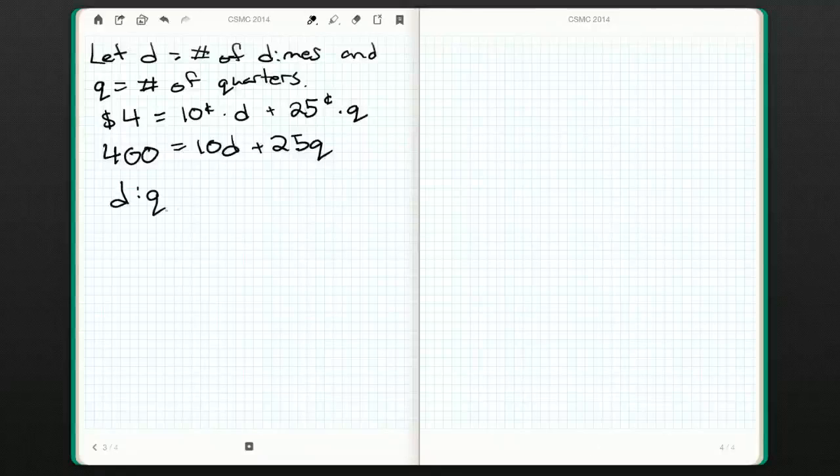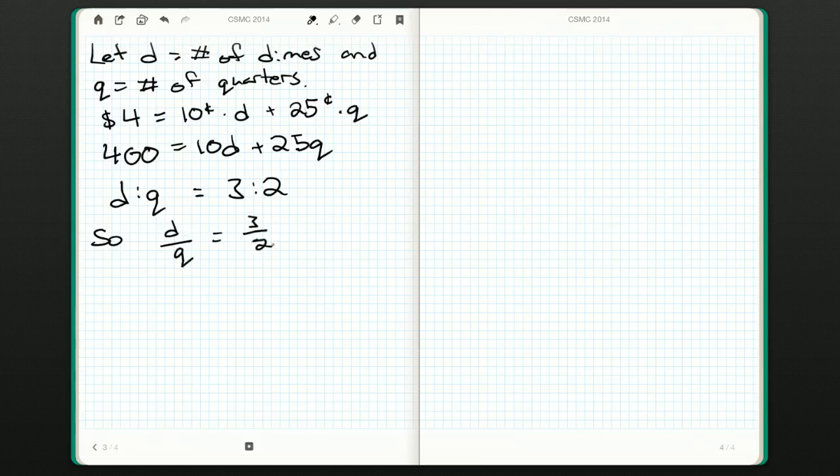The ratio of dimes to quarters is the same as the ratio of 3:2. So that means if we divide the number of dimes by the number of quarters, we should get the fraction 3/2. We can rearrange this to solve for Q in terms of D. Then we'll sub that into this equation right here, solve for D, and we'll be home for supper.